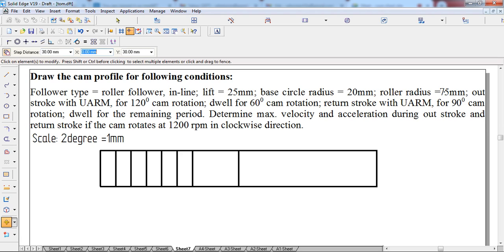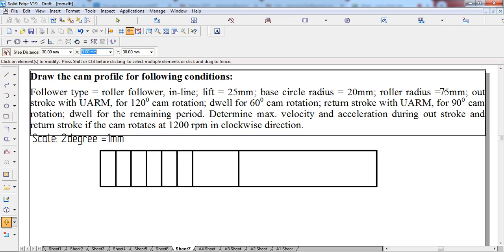Then 90-degree means 45 mm. And if you divide into 6 equal parts, how much will one division be? 7.5.